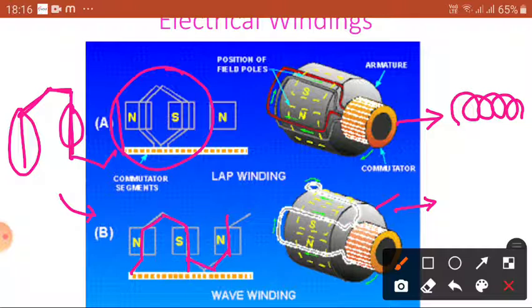Okay, so in this one, it is connected and comes back once again, but there is no back here, it is going to the other side. Just like that, it appears as a wave.